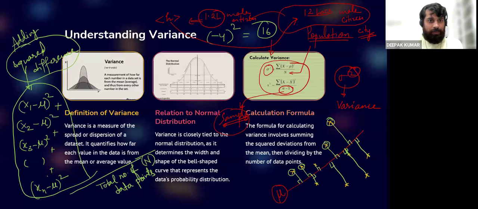So why am I raising this question here, my dear? Whenever a population is given, consider capital N in this formula. But whenever a sample is given, say it is written in a question that consider the sample of 3,000 people, then your denominator should not be 3,000. Your denominator should be 2,999.